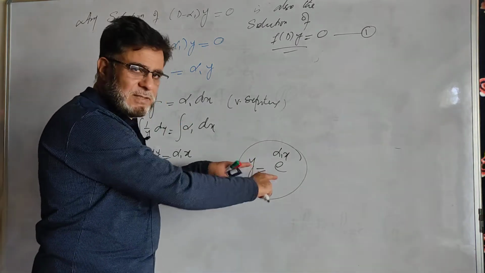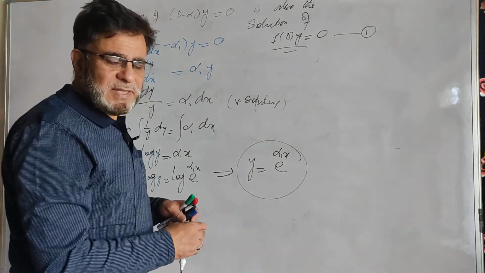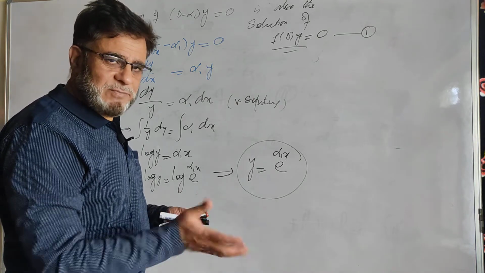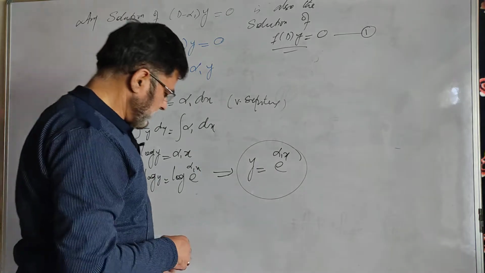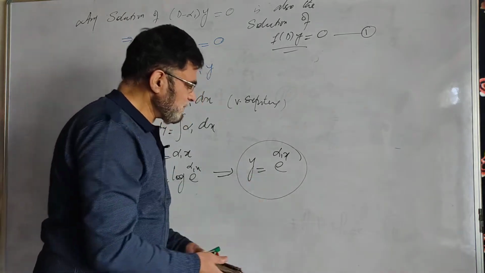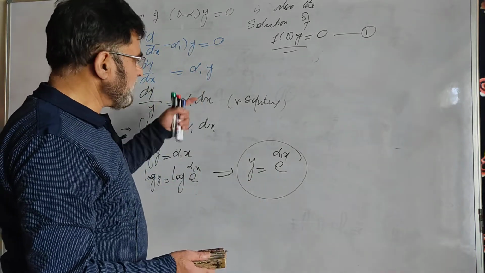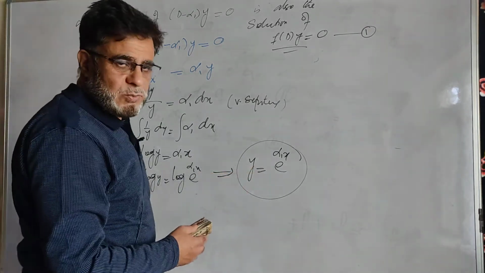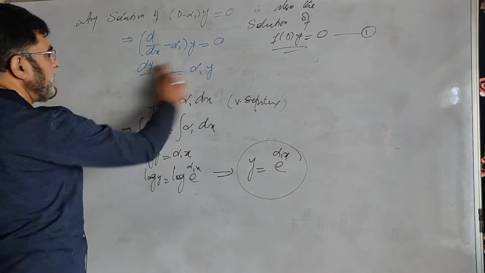I have just skipped the constant of integration here, that we will get by the first theorem. Now I got this solution when we took the one root D is equal to alpha 1. One particular solution is y is equal to e raised to the power alpha 1 x.